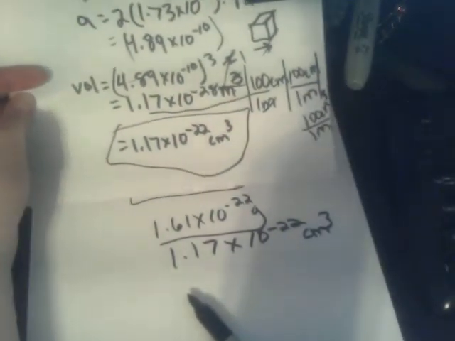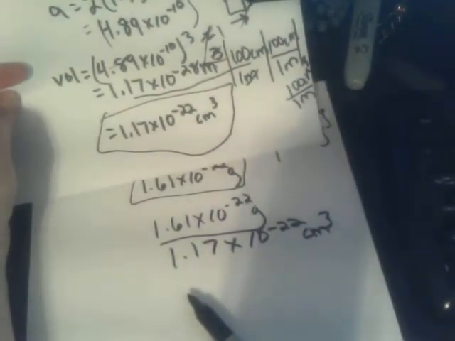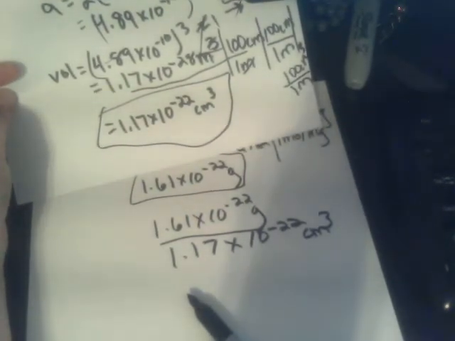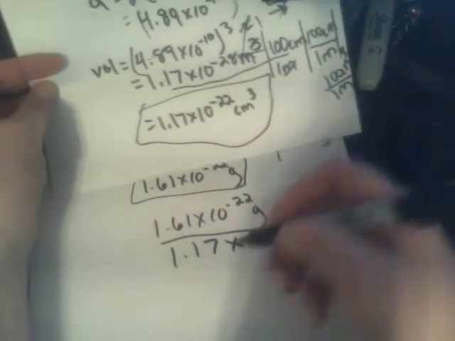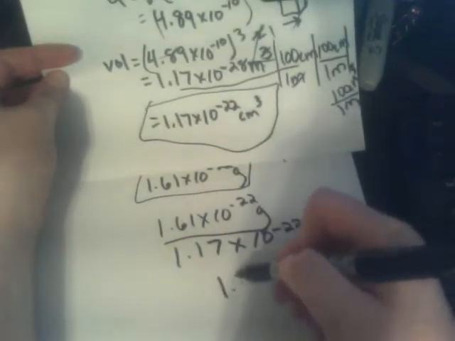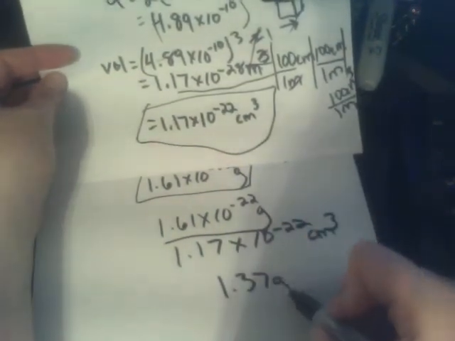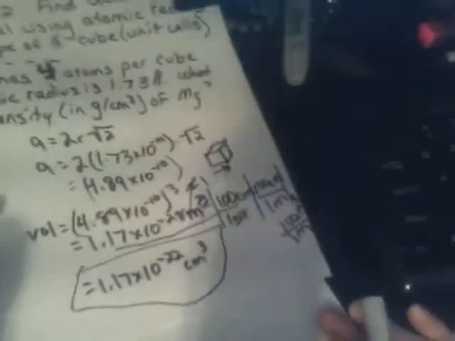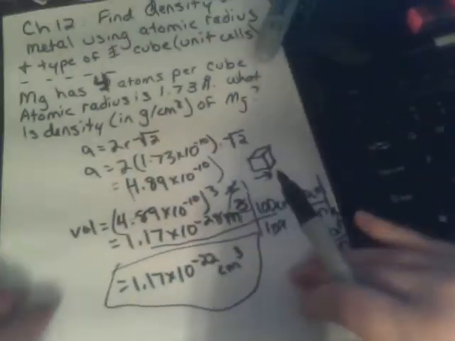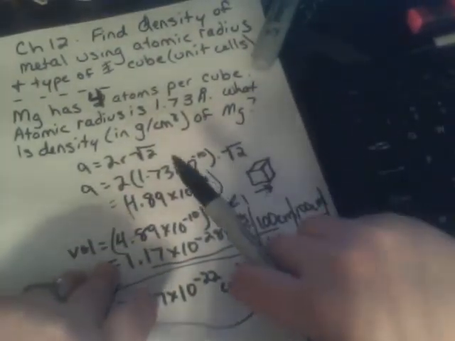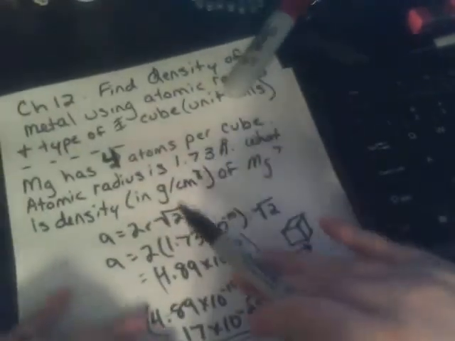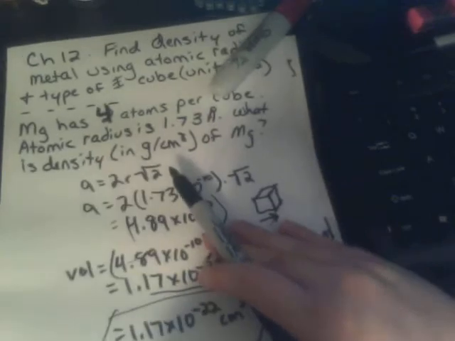We type that into our calculator and I get a density of 1.37 grams per centimeter cubed. That's how you use that data to determine density.